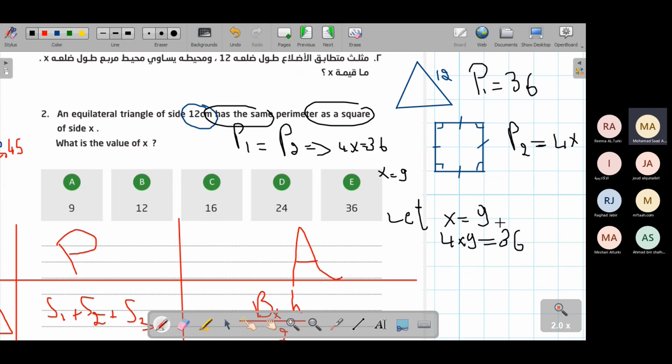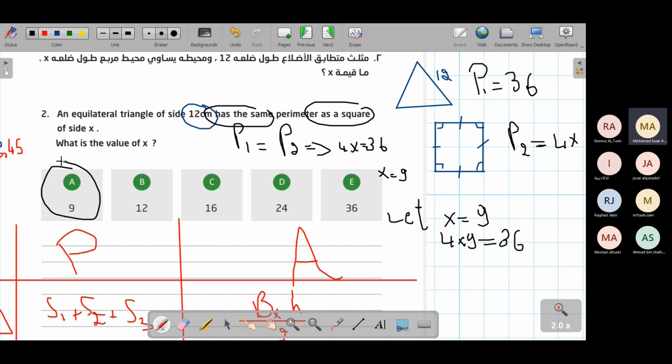Now I will compare my answer with the perimeter of the equilateral triangle with side 12 centimeter. So the perimeter of the equilateral triangle is equal to 12 plus 12 plus 12, so the answer will be 36. The same answer that I already have. So the first one is our right answer.